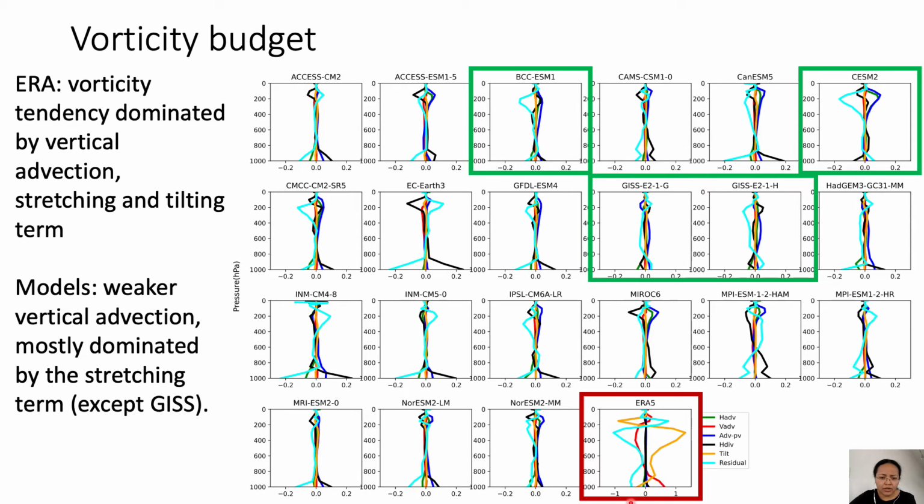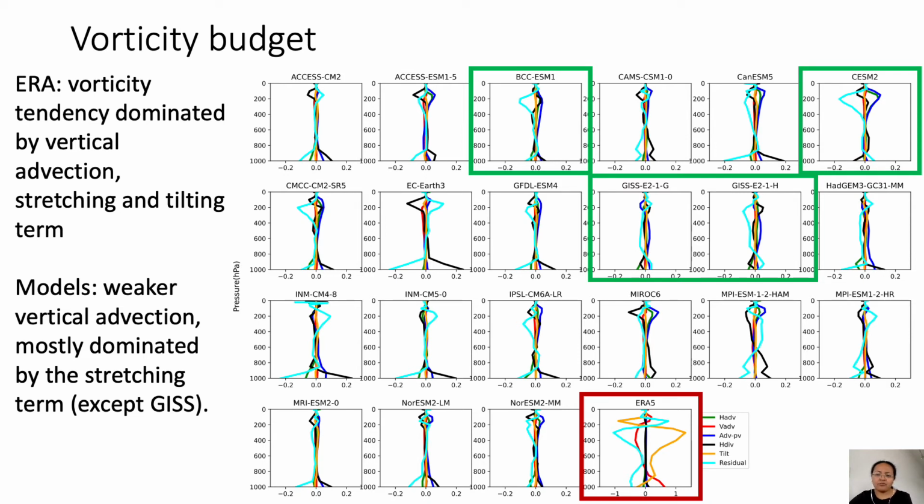These are really large, and please note that I'm not using the same scale here because in the ERA5 the values are quite large, whereas in the models, in all of them, the vertical advection is relatively weak, but the budget is dominated by the stretching and tilting terms. Now, if we look at the weak models, like BCC, it still has the stretching and tilting terms, but in the CESM and GISS models, the stretching term is actually a sink, not a source.